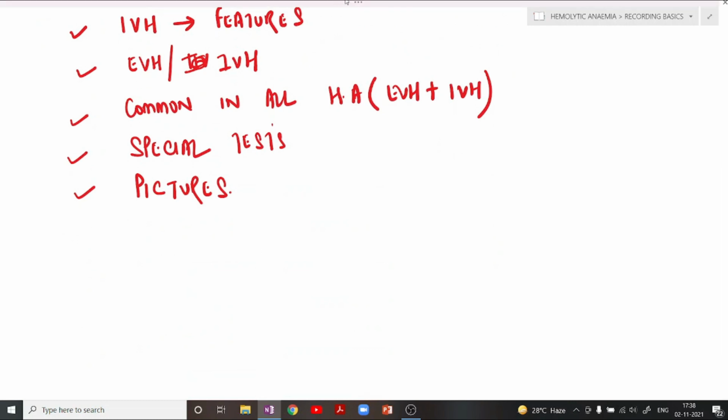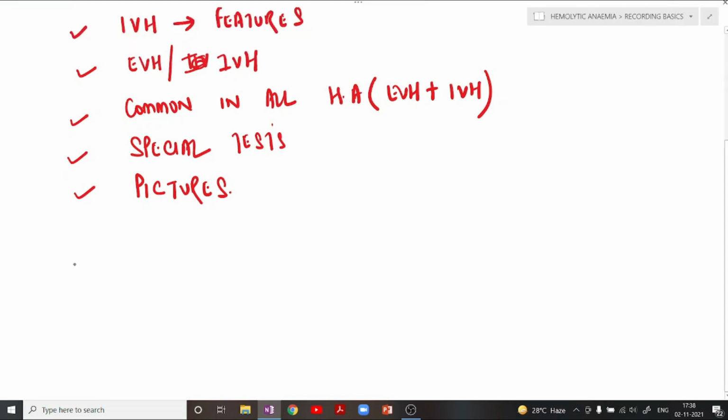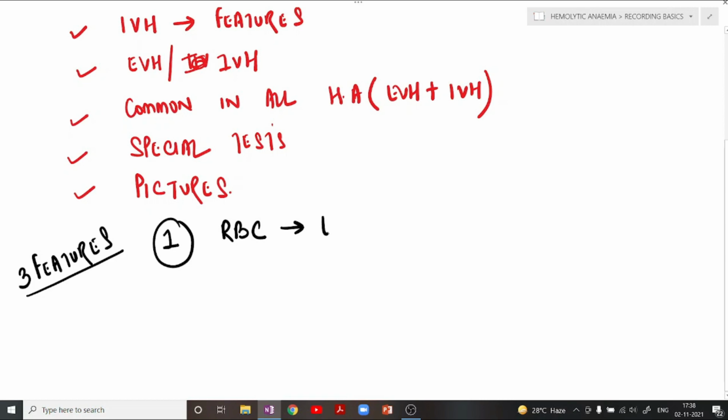Having started this topic, let us try and understand very important things. When we read about hemolytic anemia, we have to understand one important point. Any kind of hemolytic anemia has three important features. The first important feature is that the lifespan of RBC reduces.